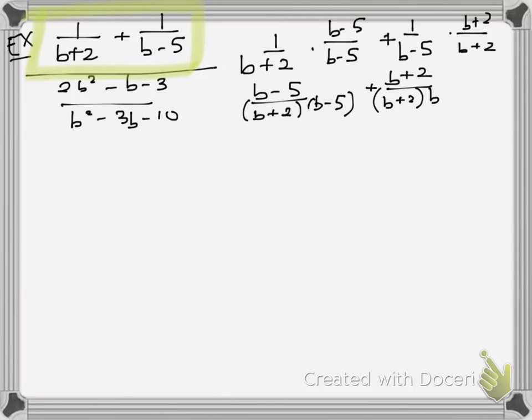It's not the same b minus 5, but it doesn't matter, it's multiplication. Okay, so when I simplify this, I'm going to have b minus 5 plus b plus 2. Simplify even more: b plus b is 2b minus 3 over b plus 2 times b minus 5.